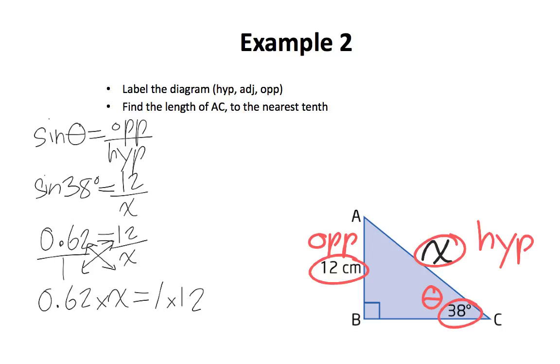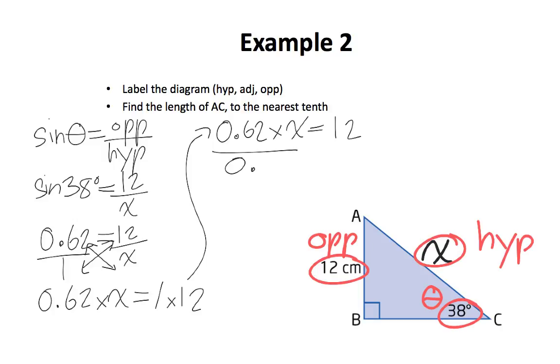Let's simplify this a little bit. So over on the right, I'm going to take 1 and multiply it by 12. Remember, anything multiplied by 1 stays the same. Remember, you want to isolate x. You want it all by itself, but right now it is stuck with 0.62. So we need to do the opposite. So the opposite of multiplying by 0.62 is dividing by 0.62. And you got to do that to both sides of the equation.